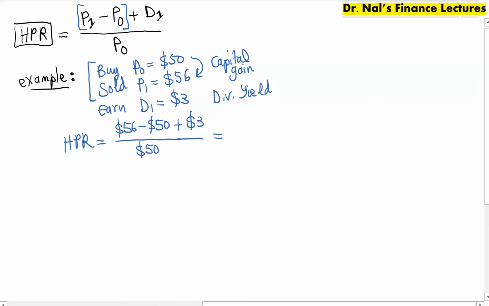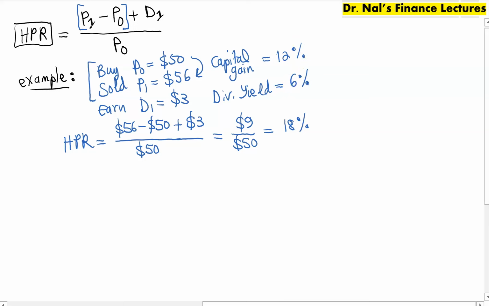That gives you $9 overall profit on that $50 investment, which is equal to 18%. So by investing in this security, you have made an 18% return. Of that 18% return, 12% is attributable to capital gain, and the rest, 6%, is attributed to dividend yield.